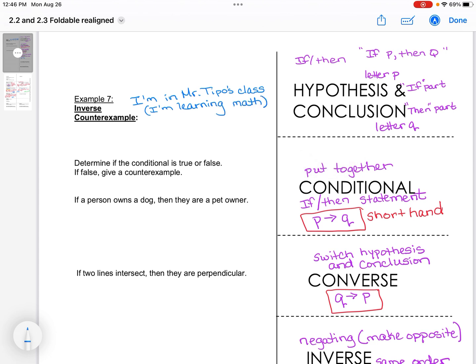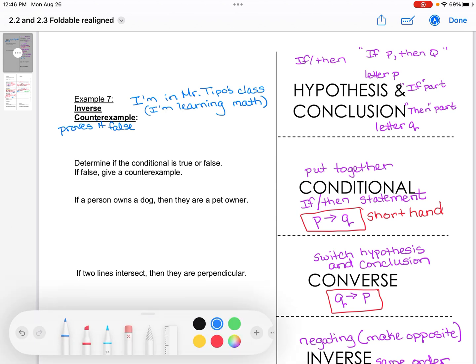So a counterexample proves it false. So one we could write for if I'm not in Ms. Nagel-Perkins' class, I'm not learning math. Well, I could be in Mr. Tebow's class. I'm learning math, so that proves that my inverse is false.